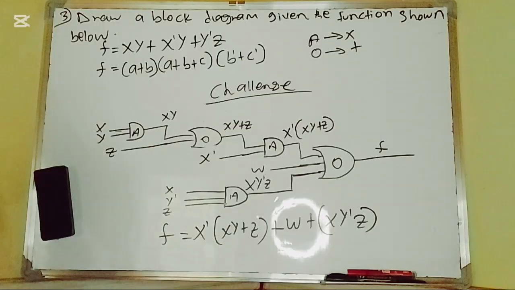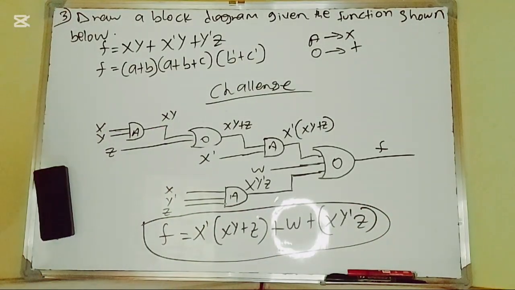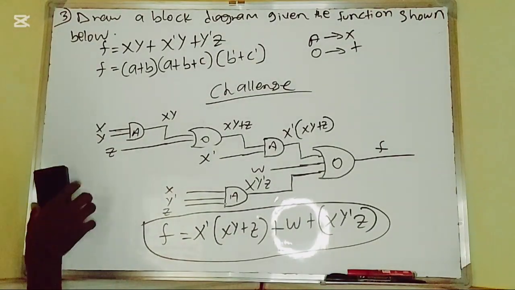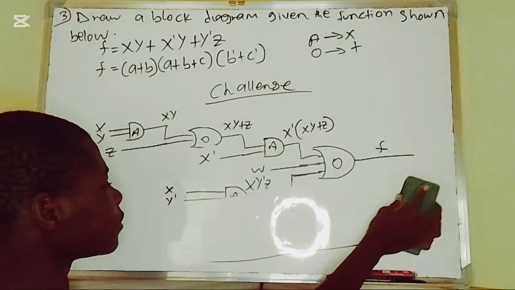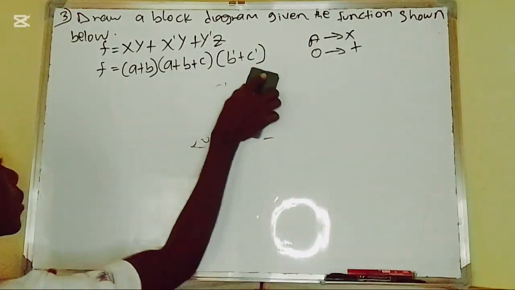So therefore, we're done. This is the function of it. I hope you get it right when you pause the video and solve it. So let's see question 3. Make sure you're writing everything down.